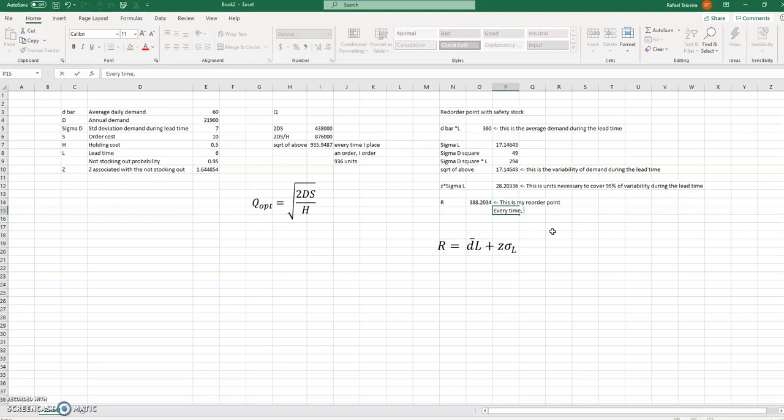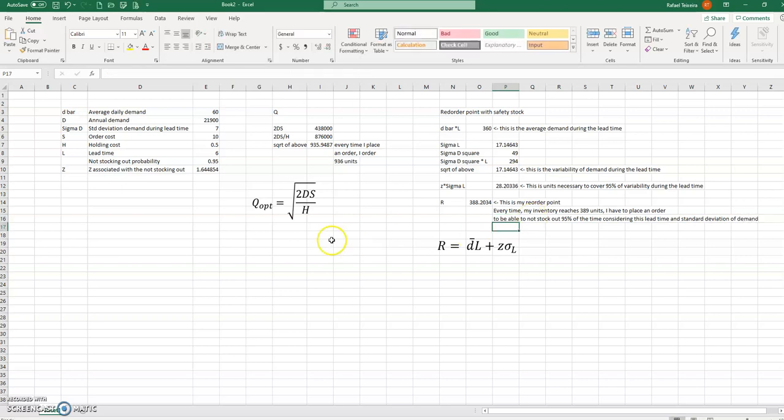Every time my inventory reaches this level, let's say 389 units, I have to place an order to be able to not stock out 95% of the time, considering this lead time and standard deviation of demand.